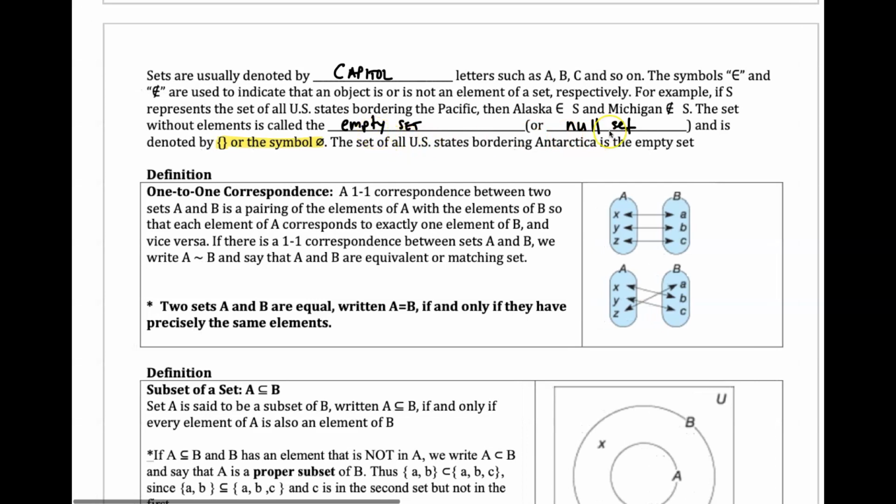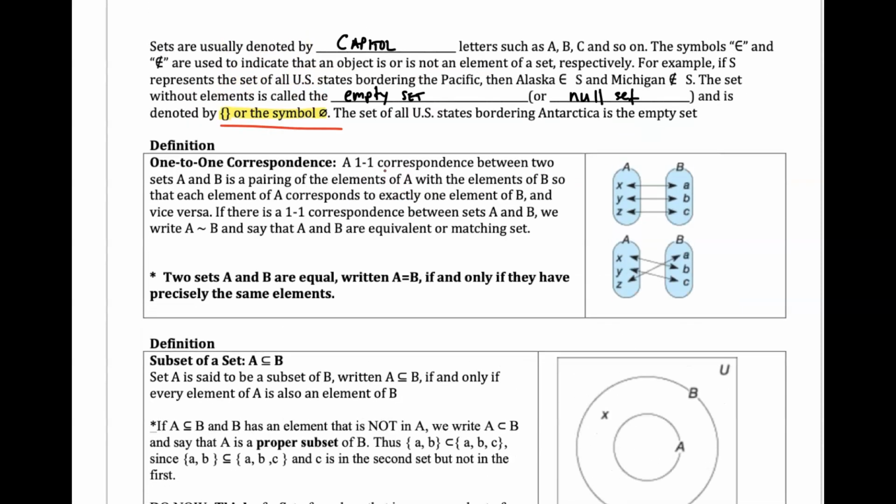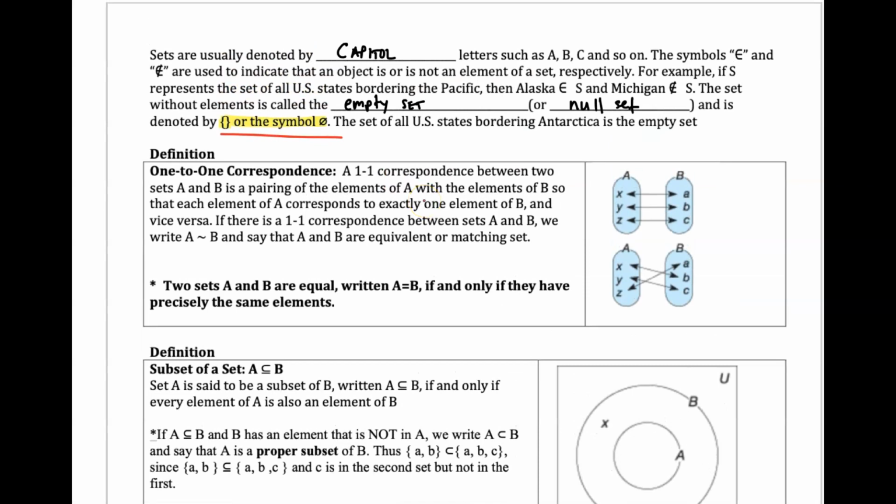We call that an empty set or null set, and this is how we symbolize that, not with words but with symbols: a circle with a line through it, like a 0 with a line through it, or 2 braces together. When we talk about sets and counting, which students are going to start to think about, we're going to go ahead and look at some definitions.